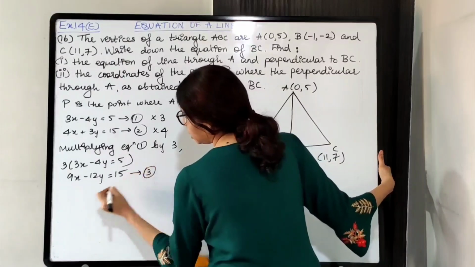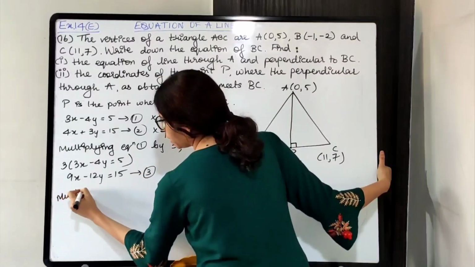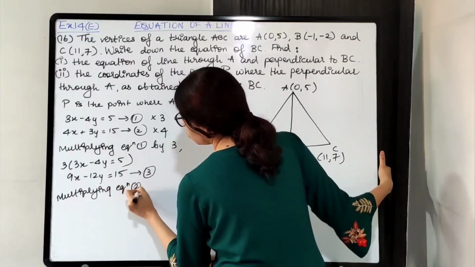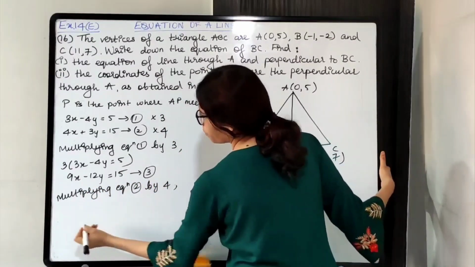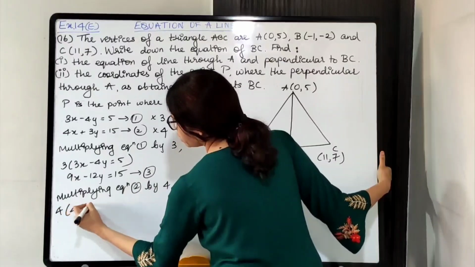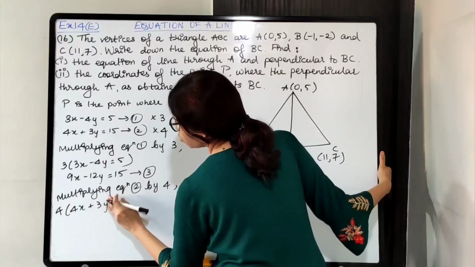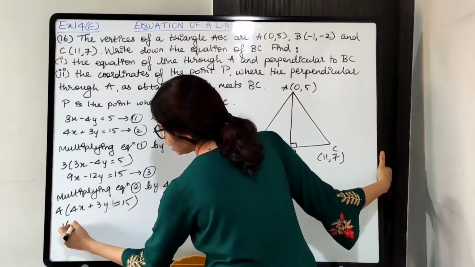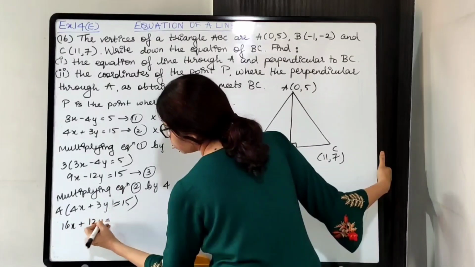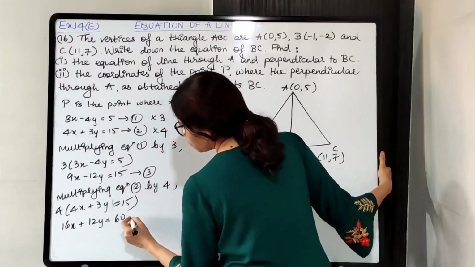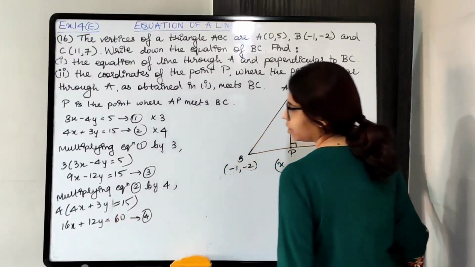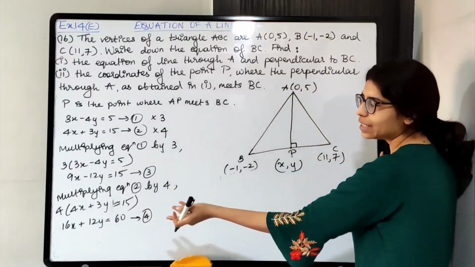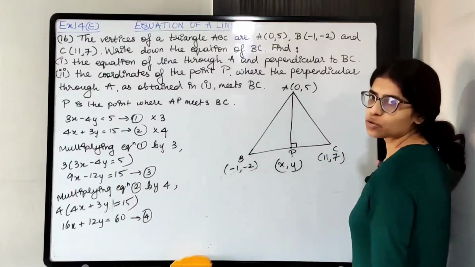Mark this as 3 and multiplying equation 2 by 4. 4 into 4x plus 3y equals 15. So 16x plus 12y equals 60. Okay. We'll solve equation 3 and 4. Now coefficients are same. So add करना है because signs opposite है. So let's add.